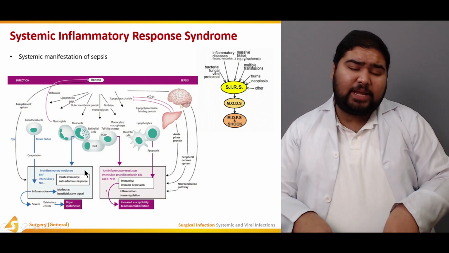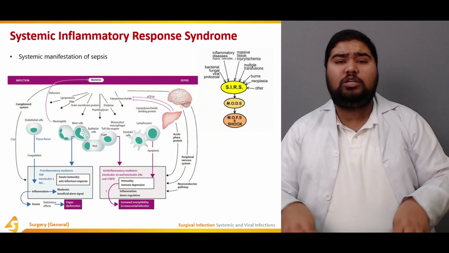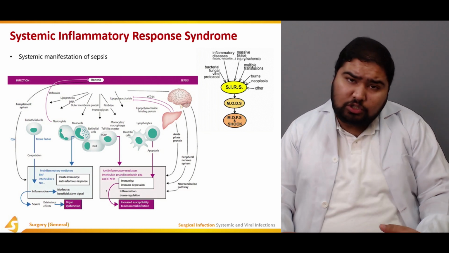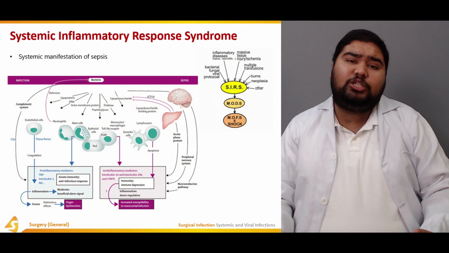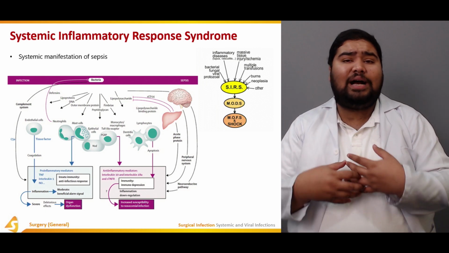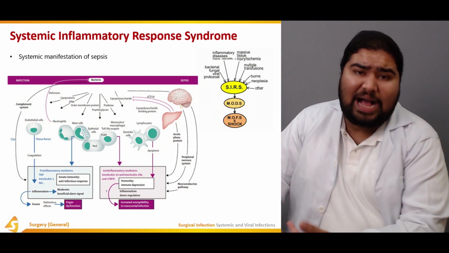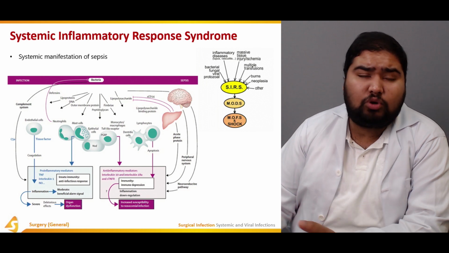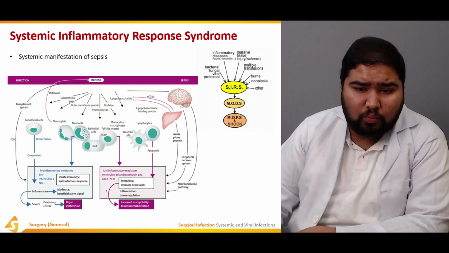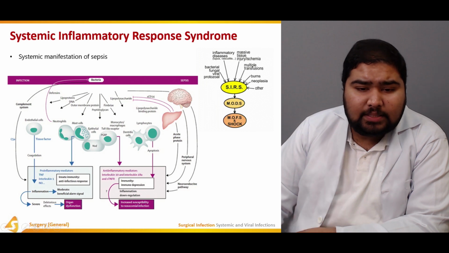However, these inflammatory markers are not only damaging to the invading organism, but also to the bodily tissues, because they are highly destructive reactive oxygen species, and they destroy whatever they come in contact with. Now what happens?